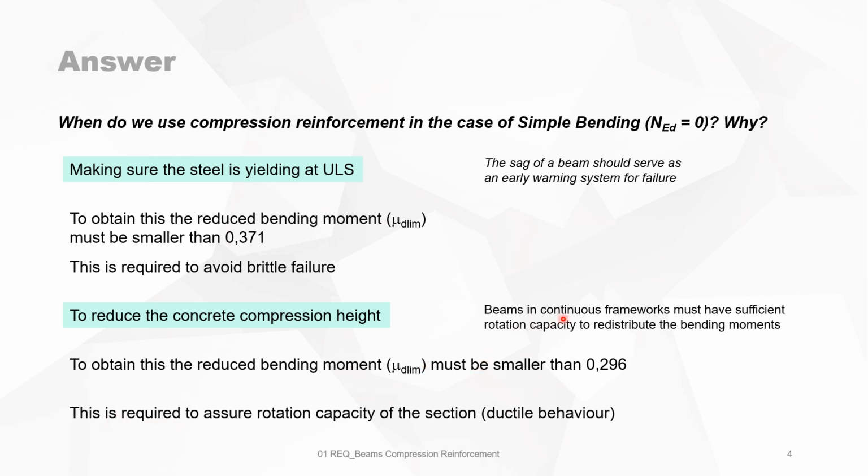For instance, beams in a continuous framework must have sufficient rotation capacity to redistribute the bending moment. So we are here, in fact, limiting the depth of the compression zone or the position of the neutral axis. We are limiting this to 0.45 times the effective depth.